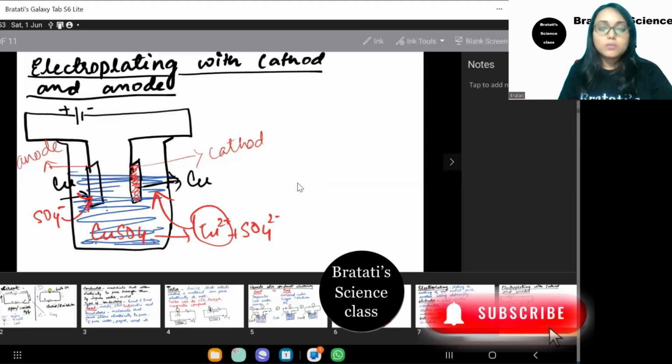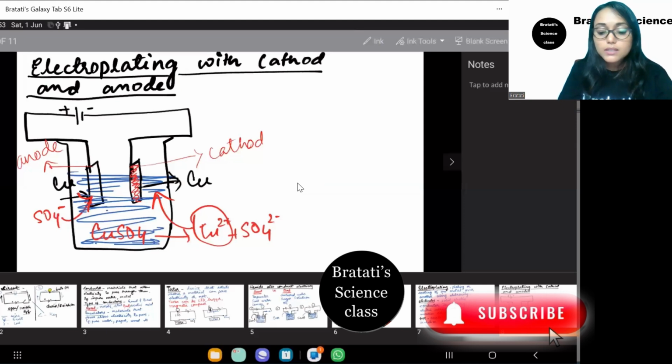Now what can be coated? As we know, it is a solution of copper sulfate. So the copper sulfate will break down into ions like Cu2+ and SO4 2-. Again, they are the cations and anions, positive ions and negative ions. When the ions move freely in the liquid, the copper part, which is positive, the cations Cu2+, will move to the cathode, right?